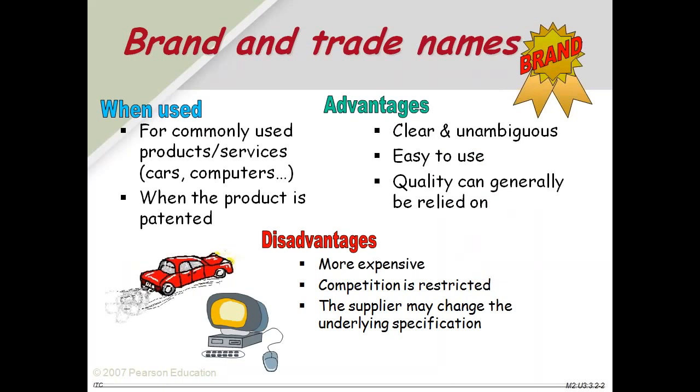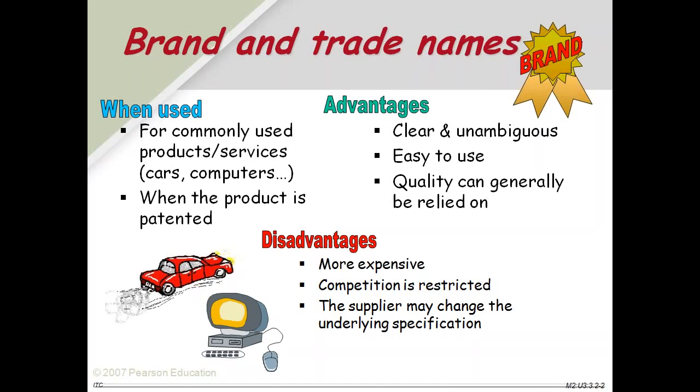Now here comes again the explanation which I have given you earlier, the brand and the trade names. Obviously, it's most commonly used for products and services like cars and computers, but again in the public sector, we will always write whatever brand you say, or equivalent. That means people having an equivalent product can also bid for it.